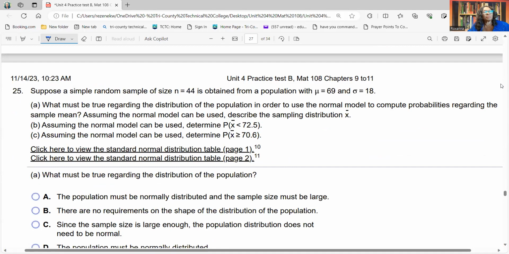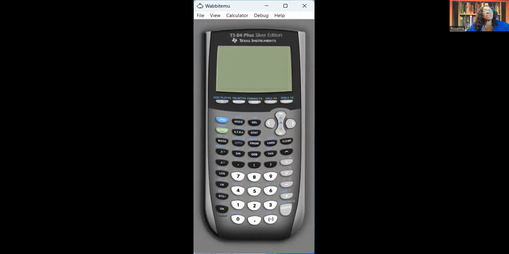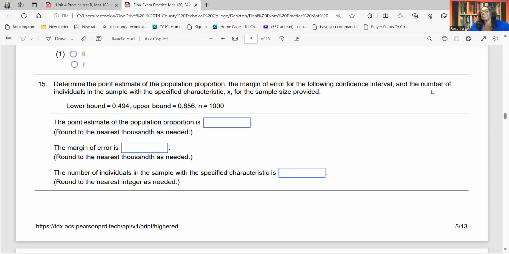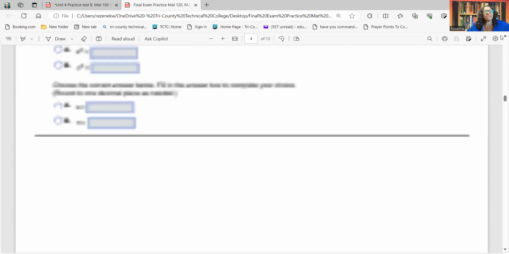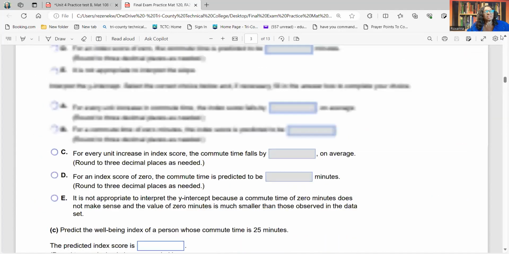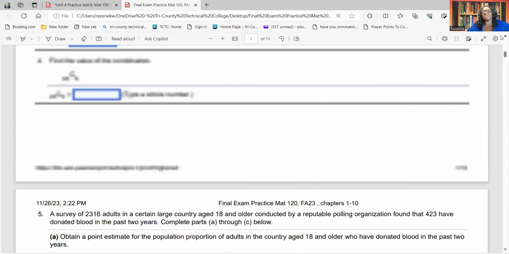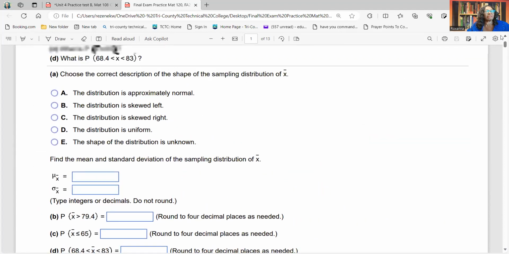What must be true regarding the description in order to, let's see. Is that okay if I get it from here? This is not your class, but it's the same scale. I'm going to pull this one up. This is clearer.